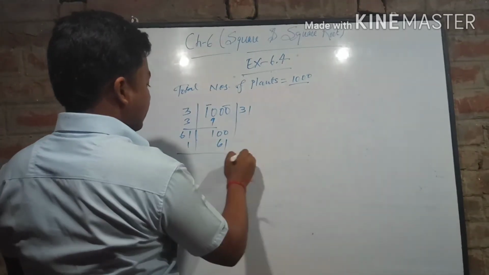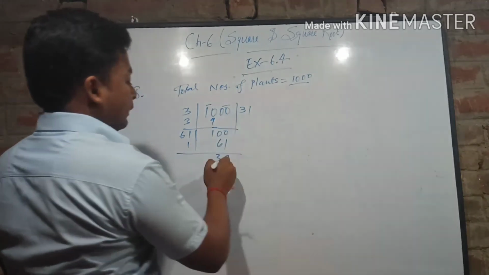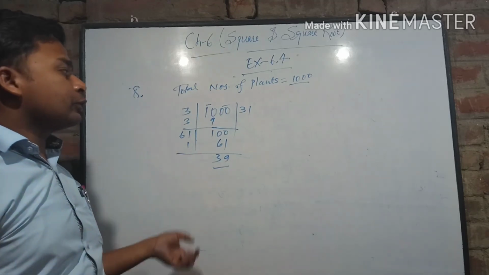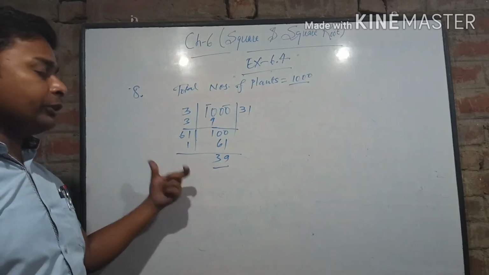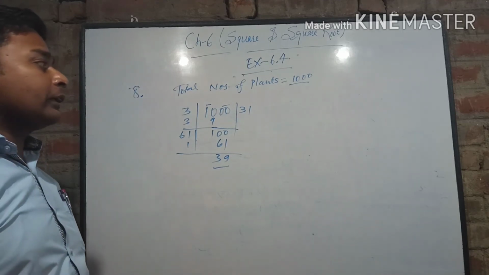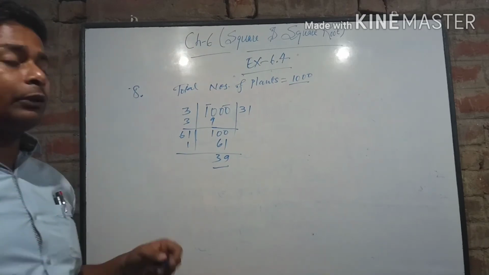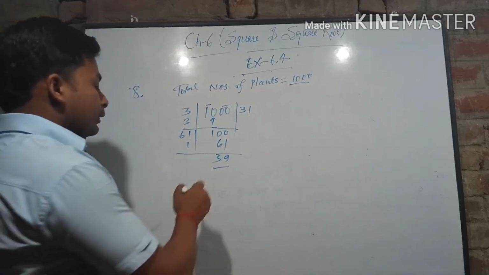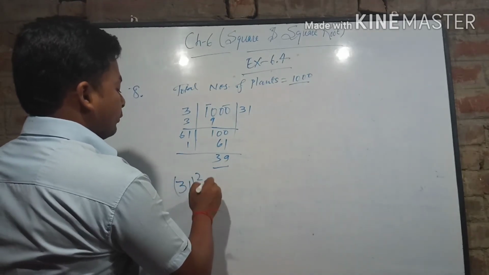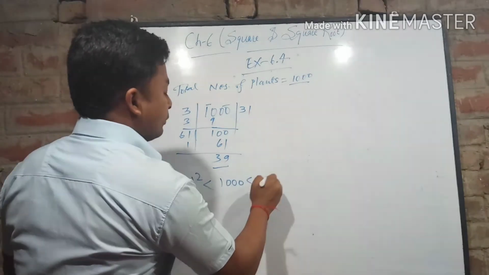Finally we got that it is less than 39. The question is asking how many plants are more needed so that the number of plants and number of rows becomes equal. So we can write in the form 31 square is less than 1000 is less than 32 square.